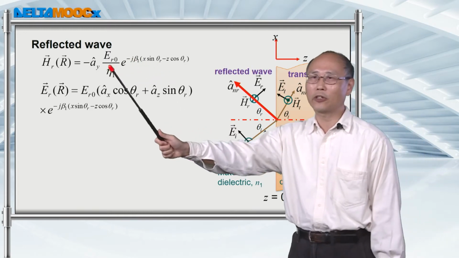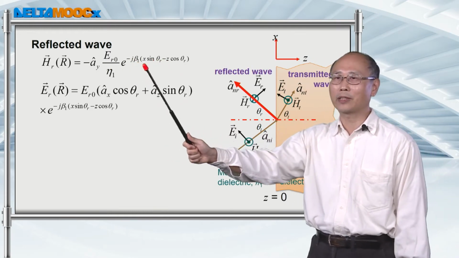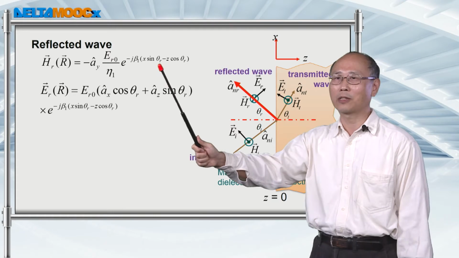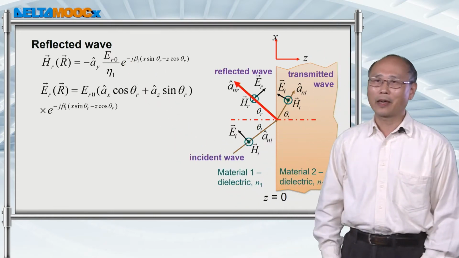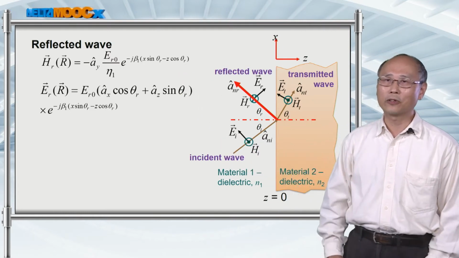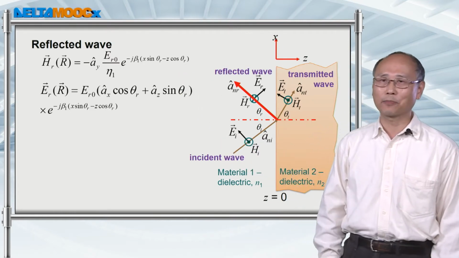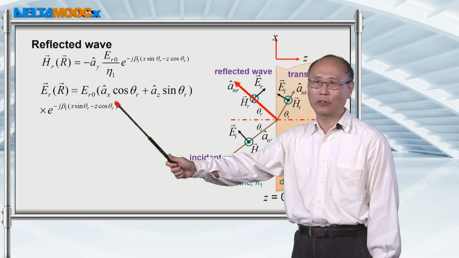So you can check the sign here. You have the plus x and minus z in this expression, and in front of this j is the minus sign. And again, use the formula we have on the last page to write down this electric field expression.